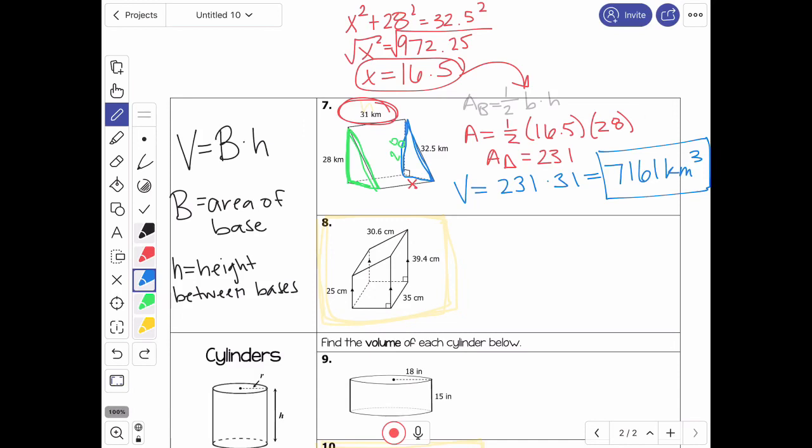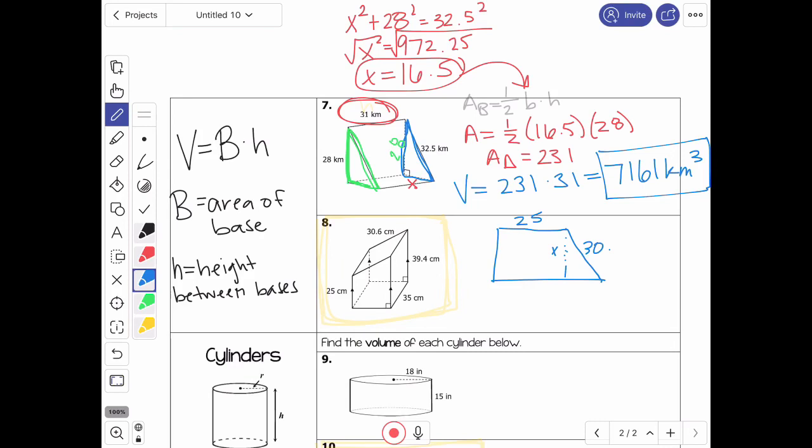Okay, so for number 8, I thought I would give you a hint. If I were to draw one of these trapezoids, one of your bases, it would look something like this if you just flipped it. This side is going to be 25. You're going to have to figure out what the height is, okay? But you should use Pythagorean theorem, hint, hint, nudge, nudge.